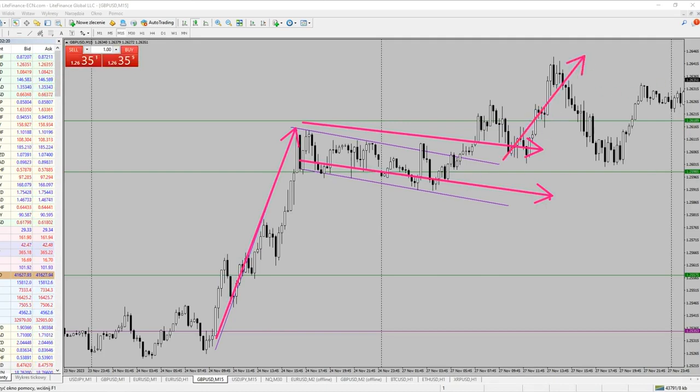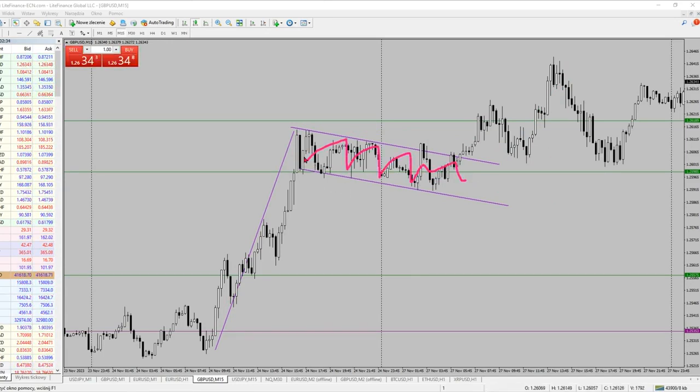Appearance: a rectangular shaped consolidation after a strong upward price movement. That's what I already told you about, with this possible little bit downward channel when it comes to the bull flag and upward channel when it comes to the bear flag. Significance: indicates a brief pause before the uptrend continues.